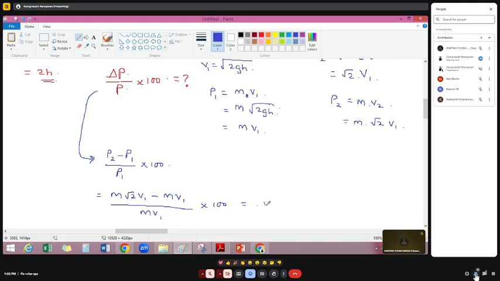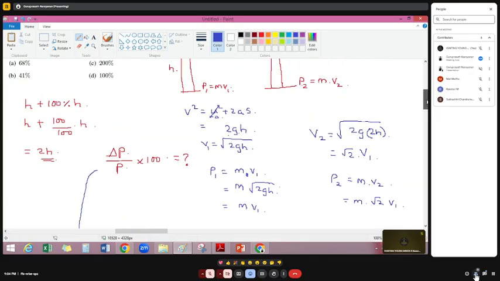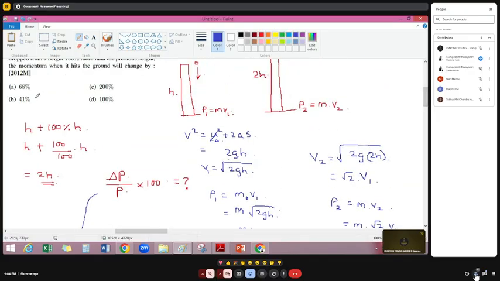What is left is root 2 minus 1, into 100. Root 2 is 1.414 something. So 0.41 multiplied by 100 will be 41. It will be a 41% change. So 41% is my answer.